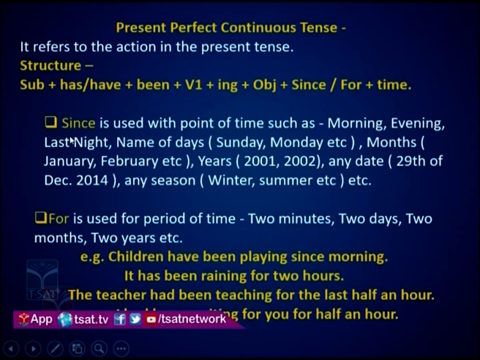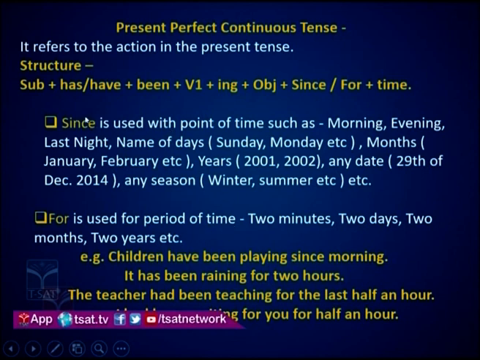Here, along with since, we talk about time like morning, evening, last night, names of the days like Sunday, Monday, etc., months, January, February, years, in so and so year, date, on so and so date, any season, in winter, summer, etc. So all these words are used along with since or for to refer to a particular time, month, year, day, date, etc. For is used for a period of time.